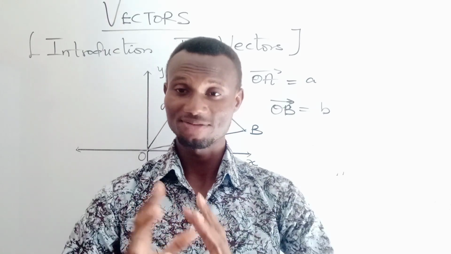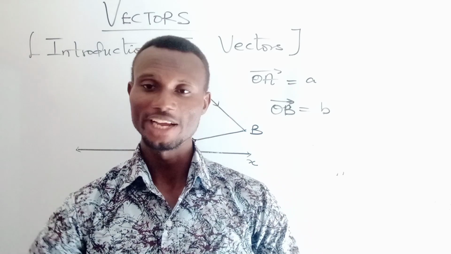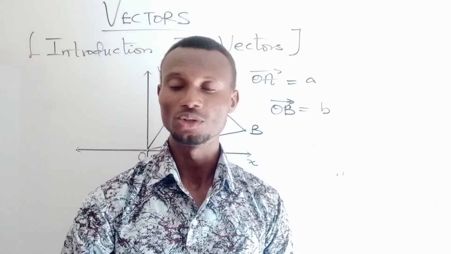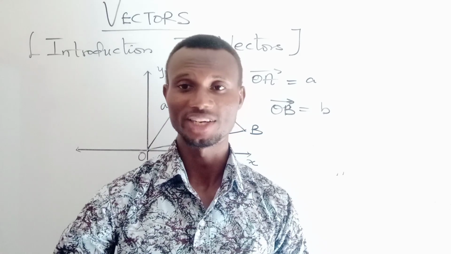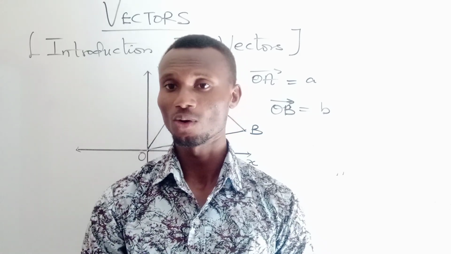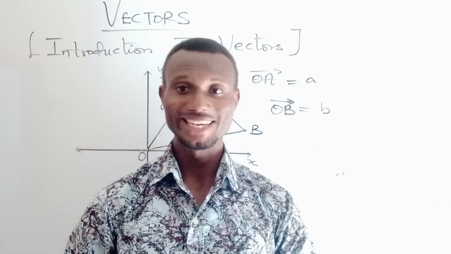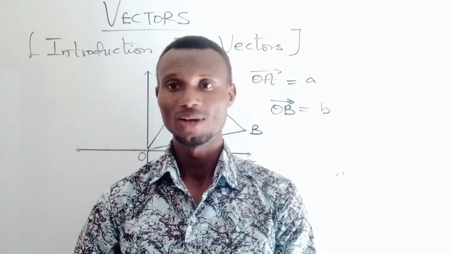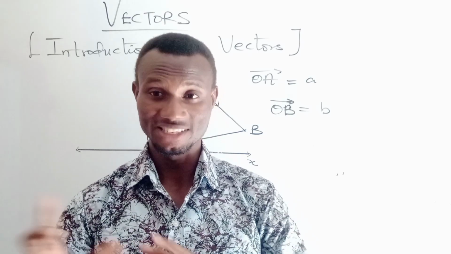We can represent vectors in two ways. One, the column or component form, and two, the magnitude and bearing form. And I've not taught you bearings, so we are just going to focus on the component or column form. Then later on when I teach you bearing, we can look at the magnitude and bearing form of representing vectors.